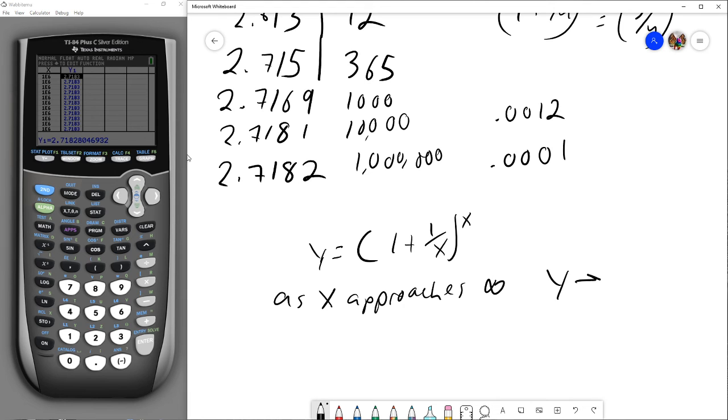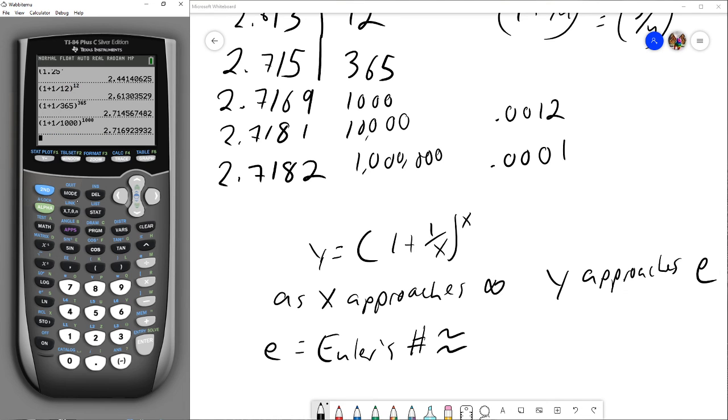y is going to approach a number, and we're going to give it a name. y approaches the number e. You're like, what? What's e? So e is Euler's number, and it is approximately, let's find out.